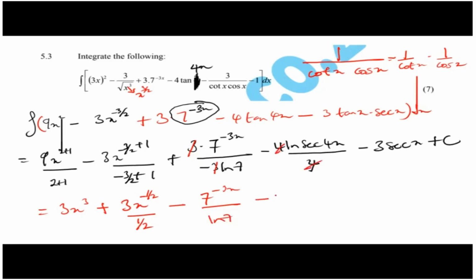You have negative ln sec 4x minus 3 sec. So you see what I'm doing, I'm oversimplifying, but if you leave your answers maybe here and just add those exponents, they should still give you your full marks. So that is how to integrate that one.